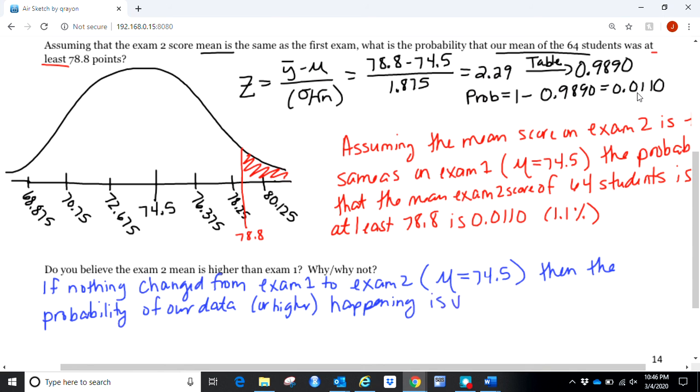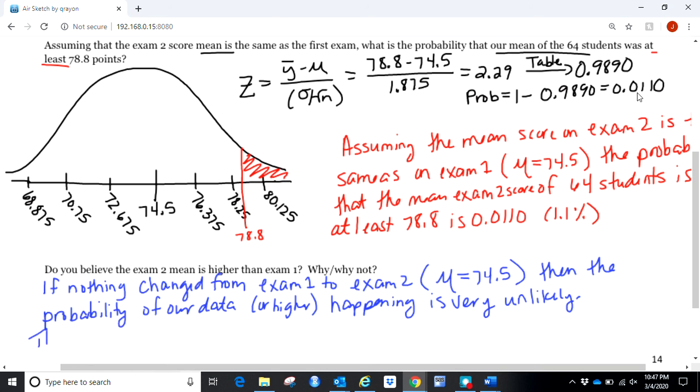Right? Only about a 1% chance of happening. So if something is very unlikely to happen, and it does happen, right? So we had 64 students, their average was a 78.8. That's sort of giving me hope then that the exam scores have gone up.